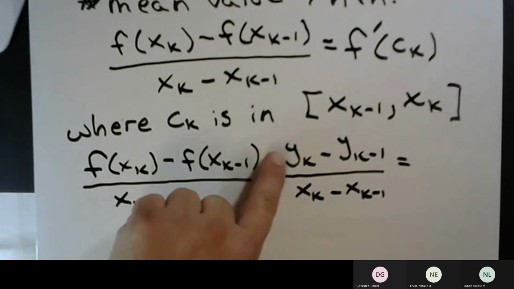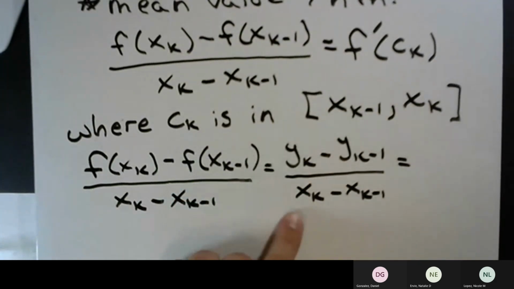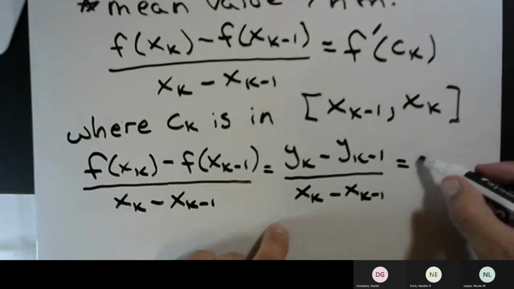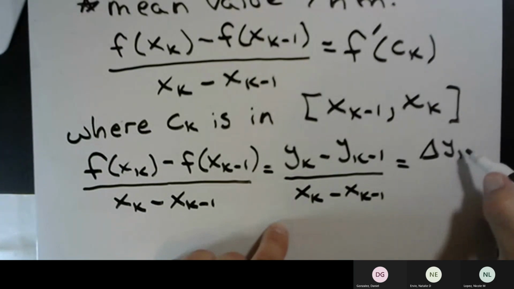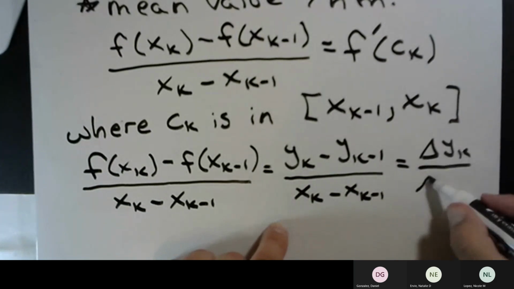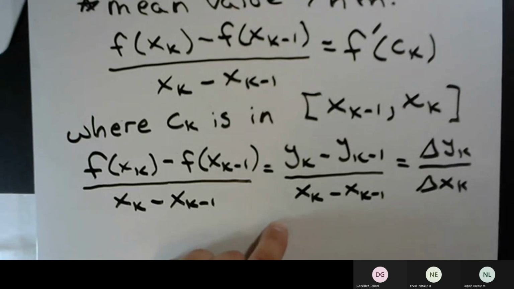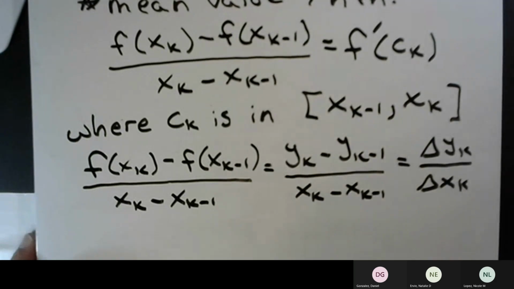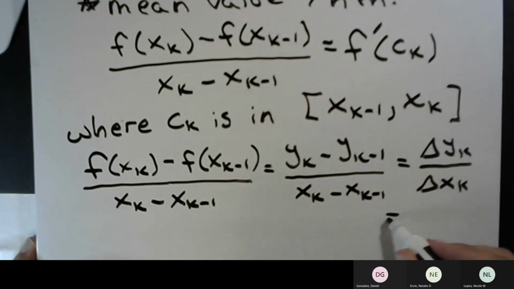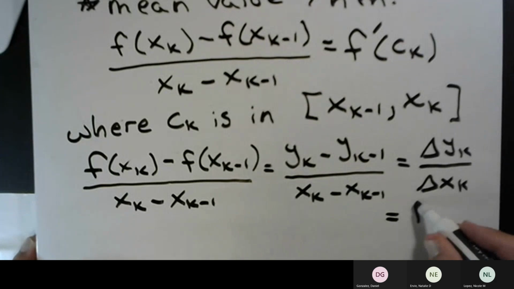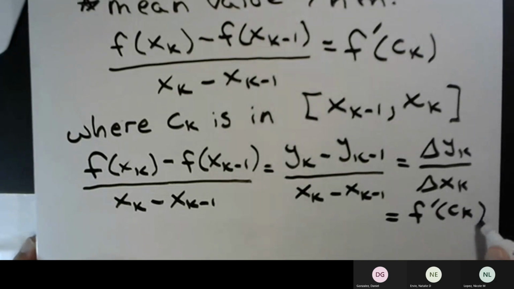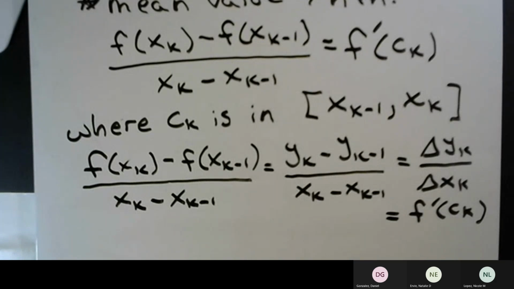Or what we're getting is the height of our triangle and the base of our triangle. So delta yk over delta xk, and according to the mean value theorem, this will be equal to f prime at ck. Any questions about that?